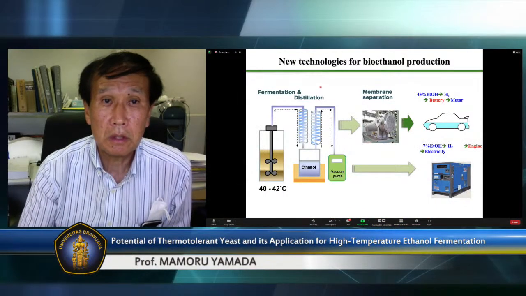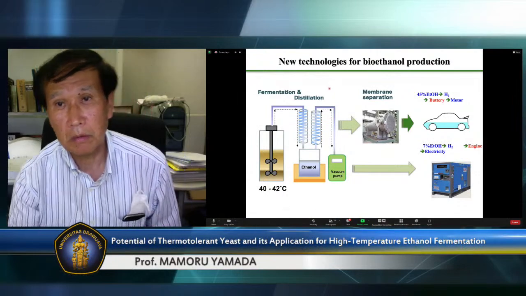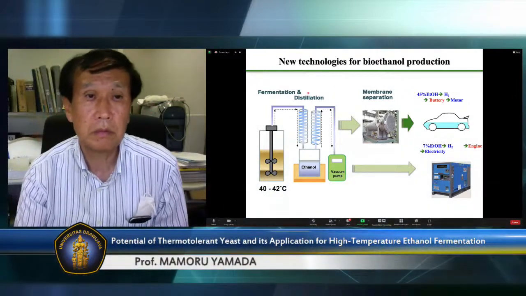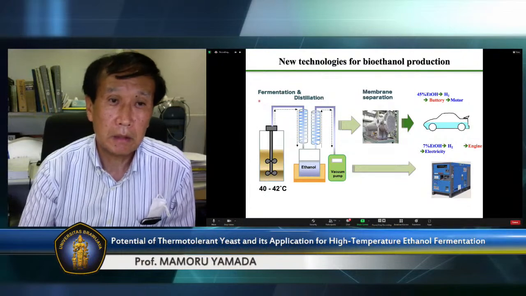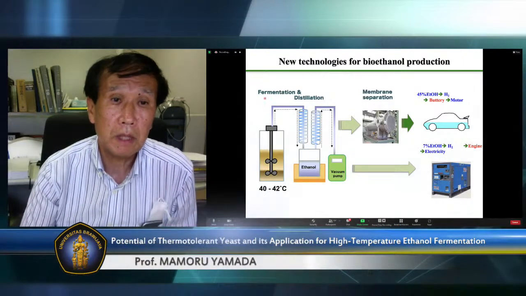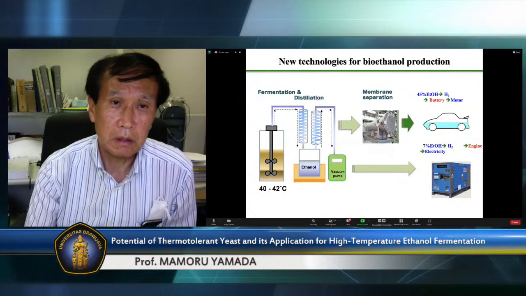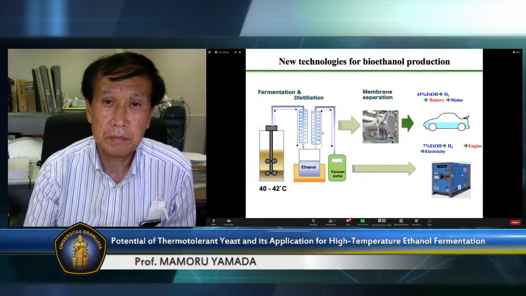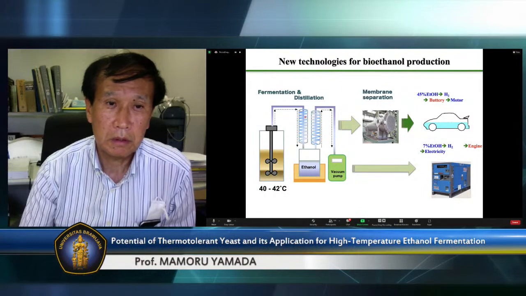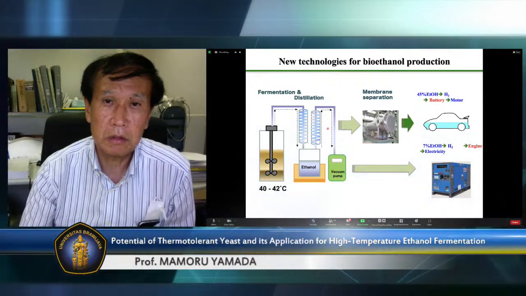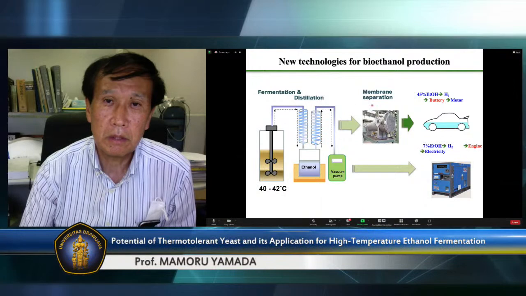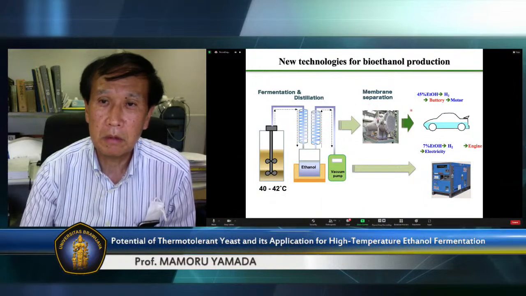So this shows the new technology for bioethanol production. At high temperature, we can do fermentation and distillation together under low pressure. And after simple distillations, we can further concentrate it by membrane separation.